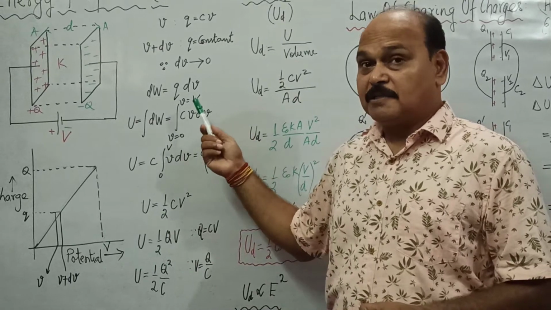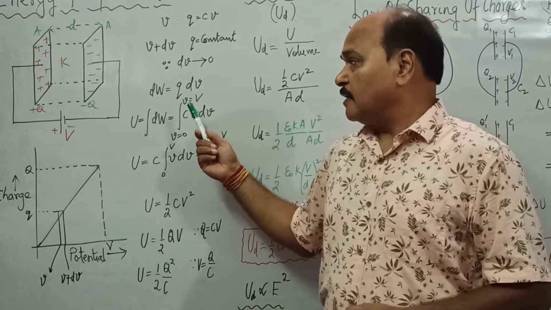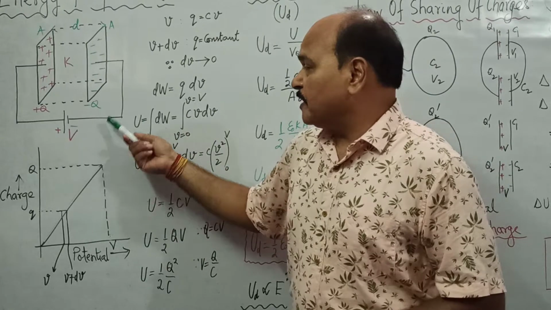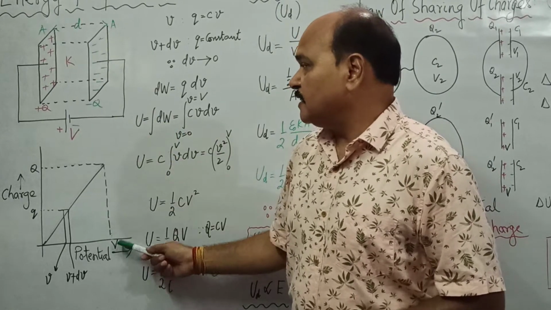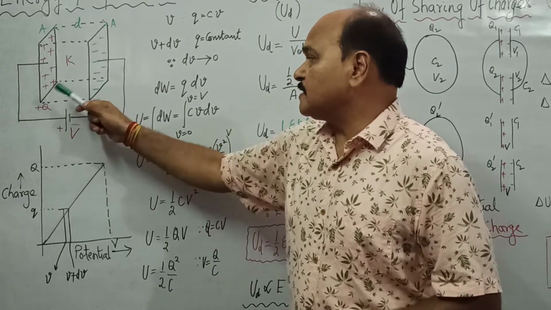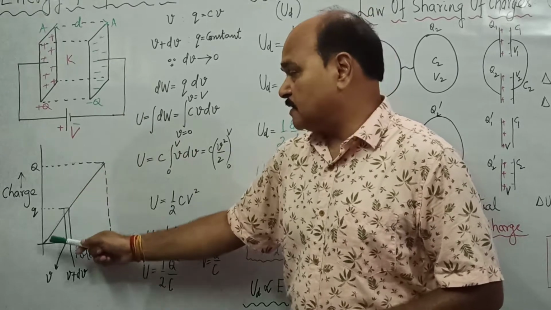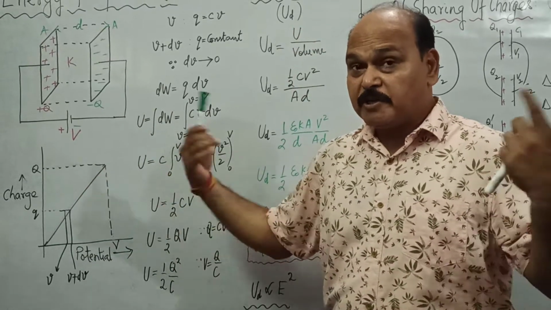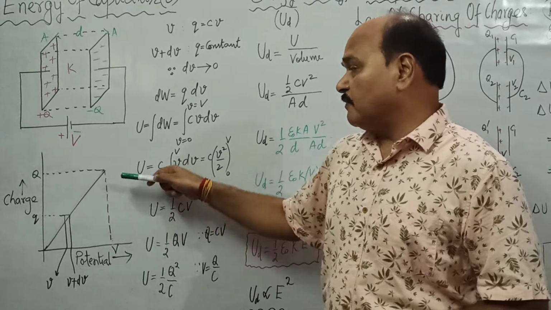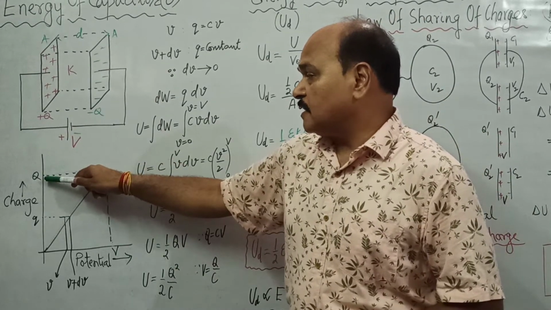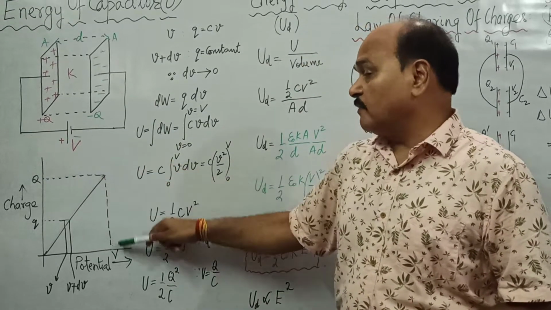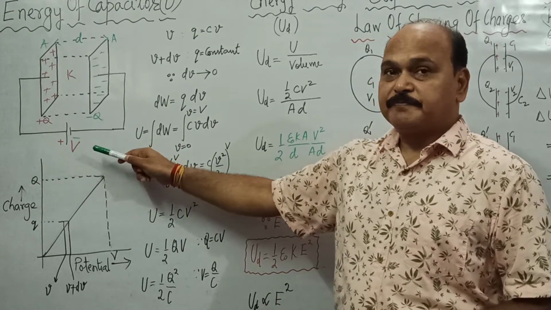We have already studied this. The final value of potential difference between the plates is V and final value of the charge over the plates of capacitor is Q. This charge grows and final value of charge over the plates is plus Q and minus Q and final value of potential difference between the plates is V.